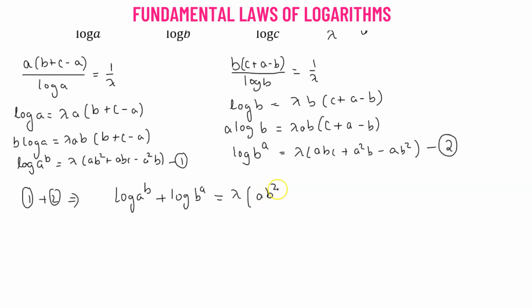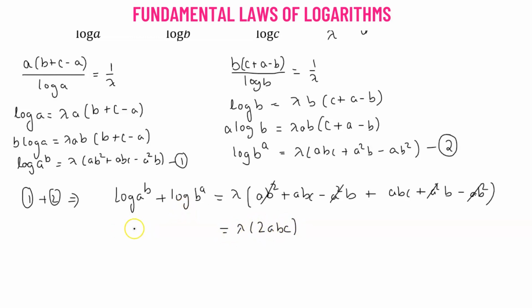So let's add them: ab squared plus abc minus a squared b, added to abc plus a squared b minus ab squared. Here ab squared and negative ab squared, a squared b and negative a squared b get cancelled, which leaves us with lambda times 2abc.